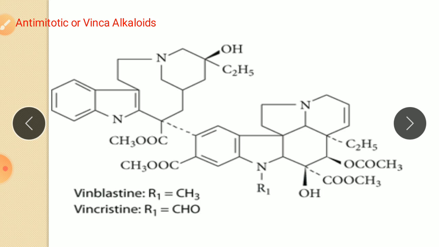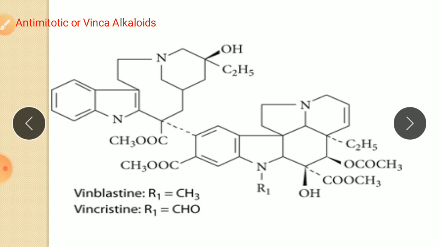The mitotic spindle is composed of microtubules, which function as a part of the cell cytoskeleton and are important in maintaining cellular shape, and also play an important role in movement of chromosomes during mitosis.